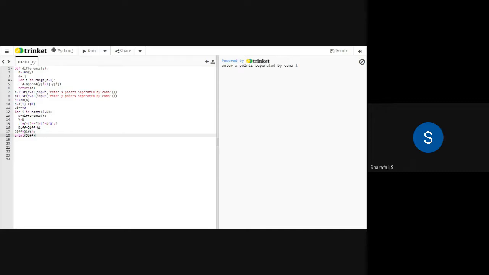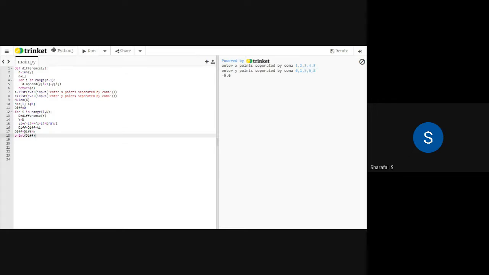So in this case, I will just use the same points, but the initial points I have to consider to find out what is the dy by dx in this particular case, because we are calculating for x equal to x0. So let us consider the same values for this y: 1, 5, 6, 8.